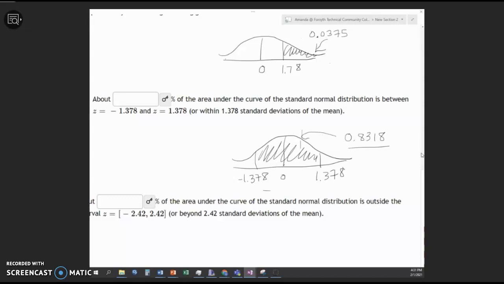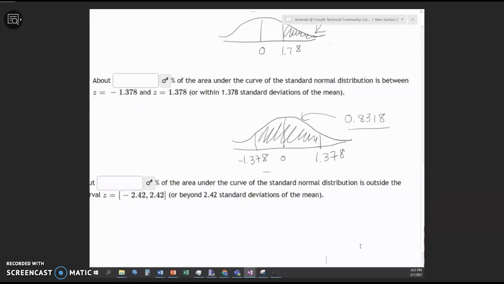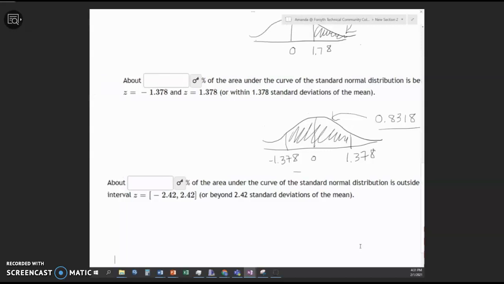Okay, and this is the last one that I have here. This one is similar to that one. Let's see if I can get it all on the screen here. Now we're looking for about what percent of the area under the curve of the standard normal distribution is outside of that interval. So we're going to go through the same process. This is negative 2.42 and this is positive 2.42.